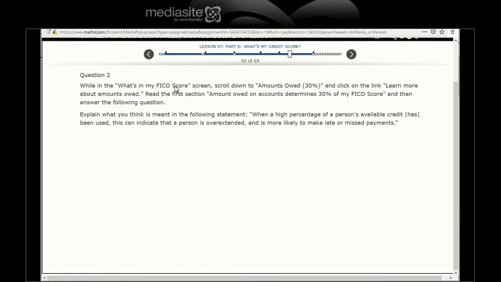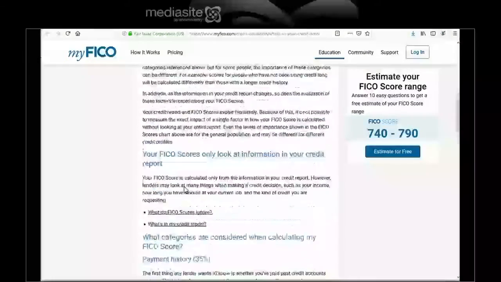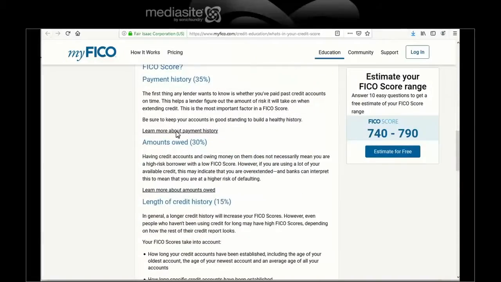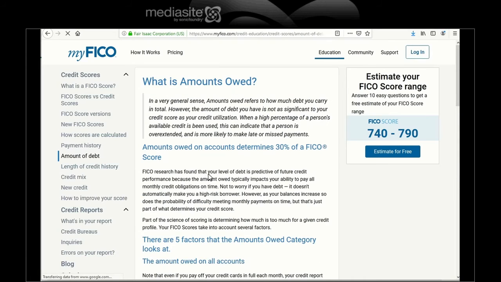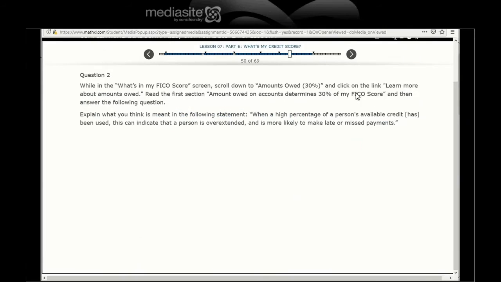While on the What's My Credit Score FICO score screen, scroll down to amount owed and click on the link, learn more about it. Okay, so let's go to that website. We'll scroll down to amount owed, learn more about it. Answer the following question.